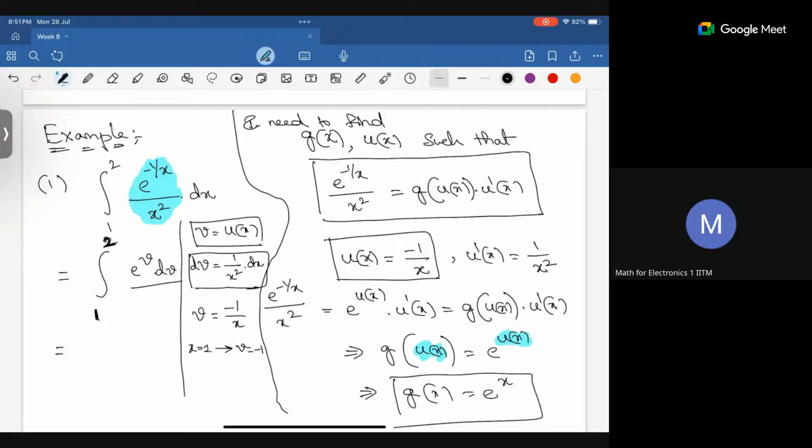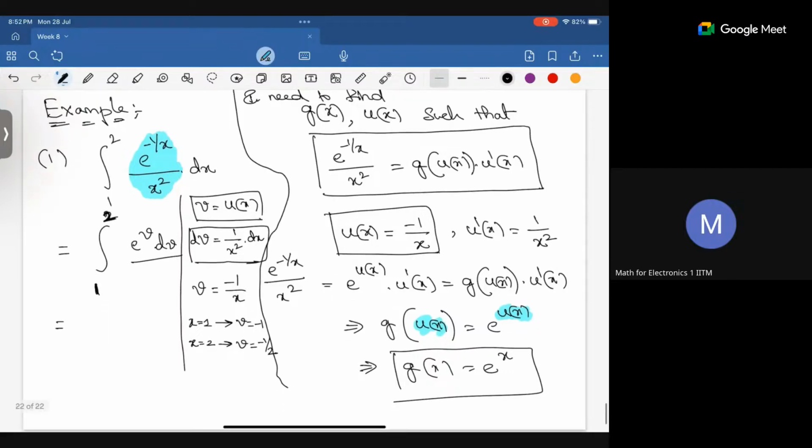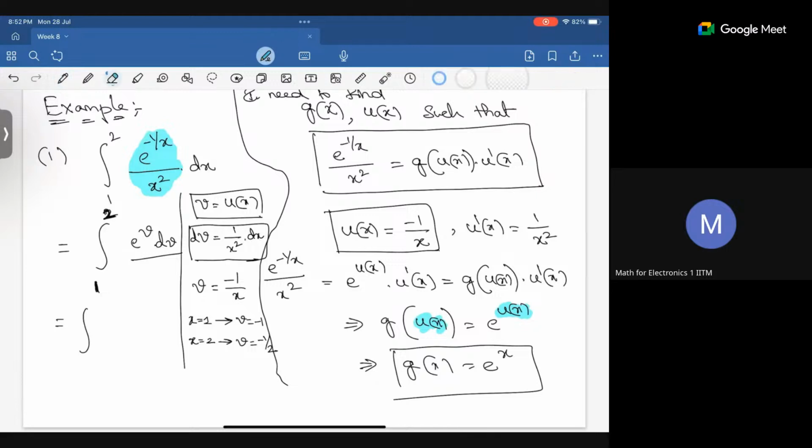Similarly, the upper limit: when x is 2, v will be minus 1 by 2, which is minus half. So instead of integrating from 1 to 2, we will integrate from minus 1 to minus half e power v dv.